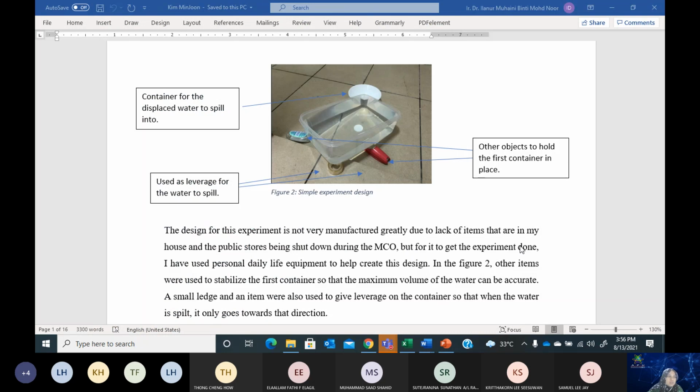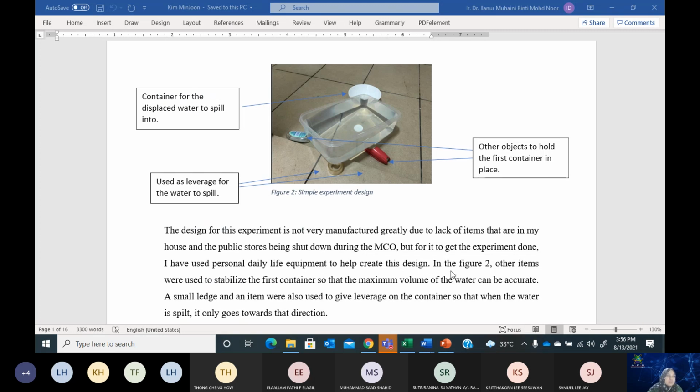But for it to get the experiment done, I have used personally daily life equipment to help create this design." For some students, they like to make a long sentence. Try to make some full stop and make another sentence, okay? This is very long.